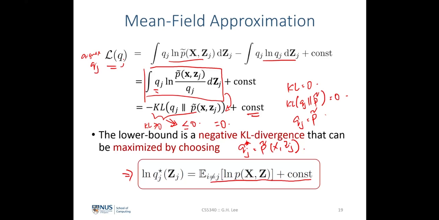And what's interesting here is that notice that we have not defined any expression or any distribution for q_j explicitly.